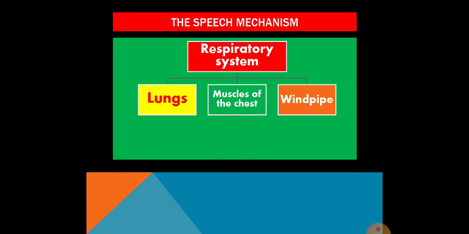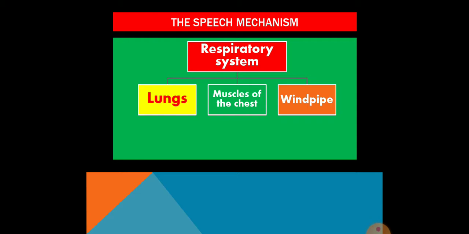Now we are going to discuss the first system of speech mechanism, that is the respiratory system. See, the respiratory system consists of three parts of the organs of speech.